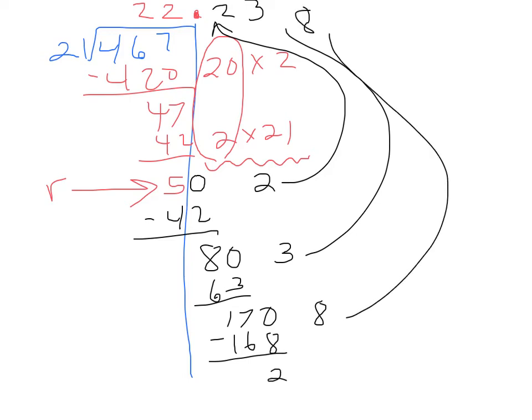My 8 is going to go right up here. Notice I did not add these up. This is the traditional method. From here on down was the regular old method. So I had to do the guess, divide, multiply, subtract, and bring down.